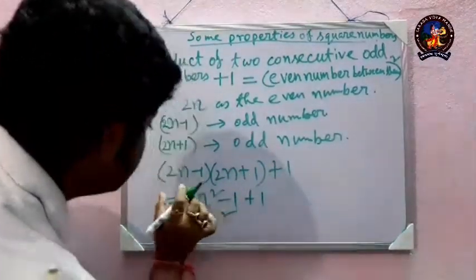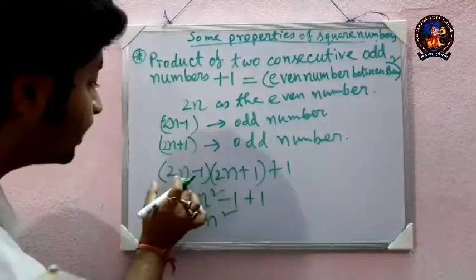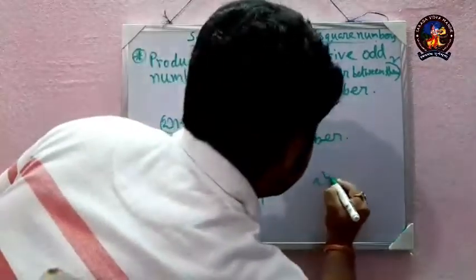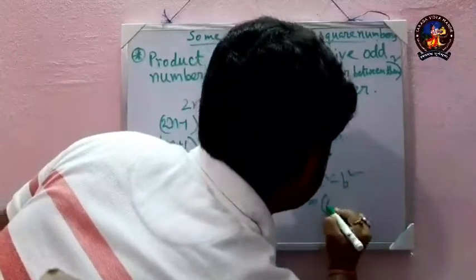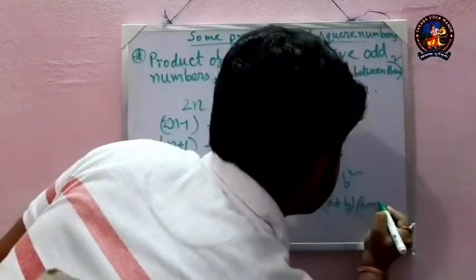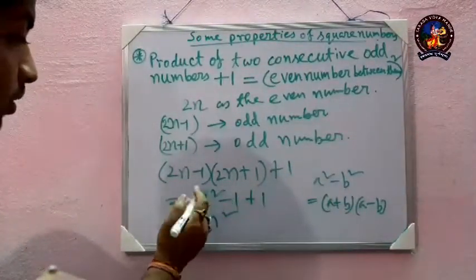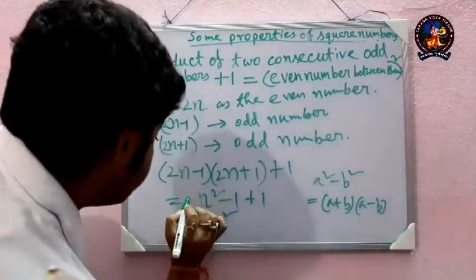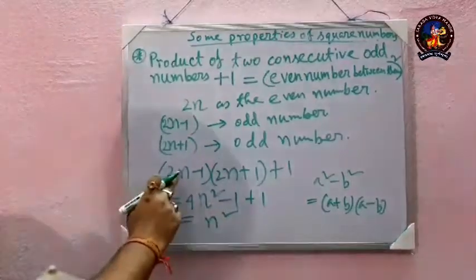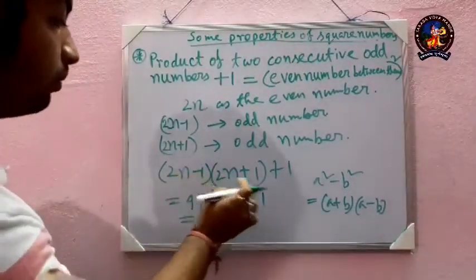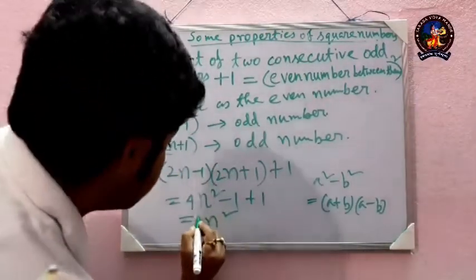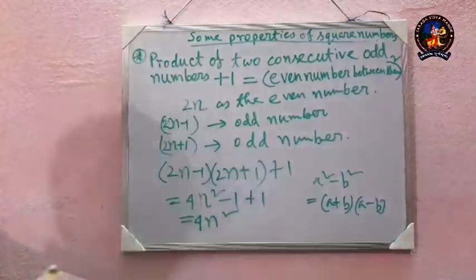Again the same formula, a square minus b square equals a plus b into a minus b. I have applied this formula here, and now again I am applying the formula. This will be 4n square minus 1, and the answer will become 4n square.